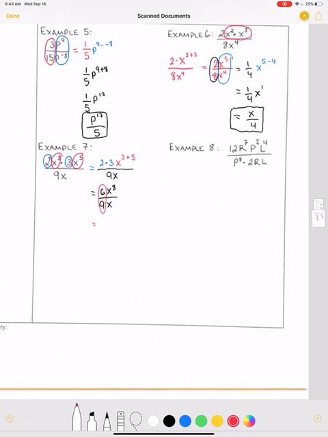This is going to become 2 over 3. And then I have x to the power of 8 over x. My base is x. My exponents are 8 and 1. So I have 2 over 3 times x to the power of 7. I'm going to move x to the power of 7 into the numerator. So I have 2x to the power of 7 over 3.